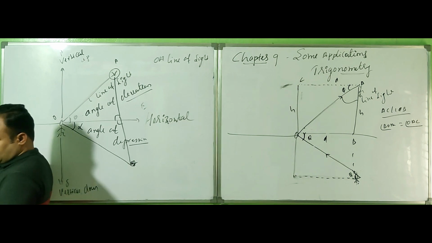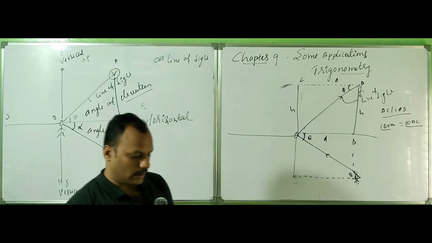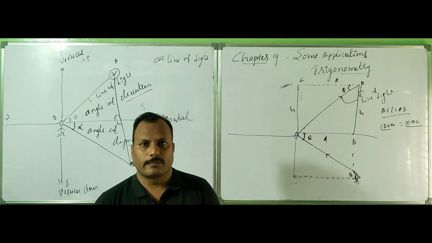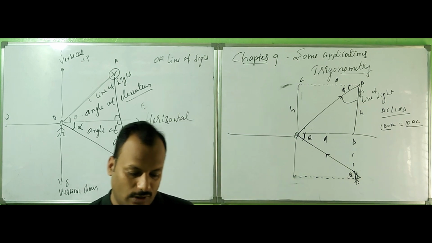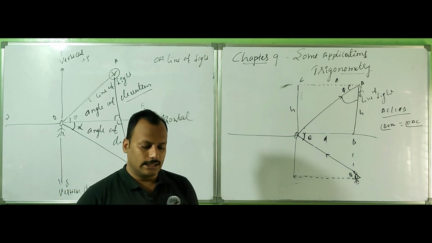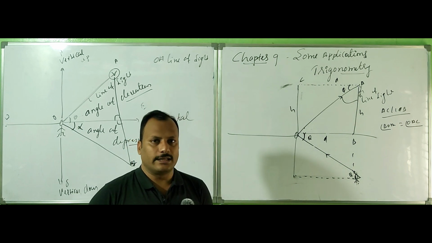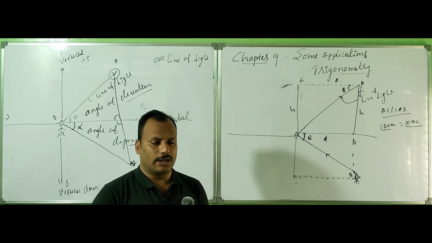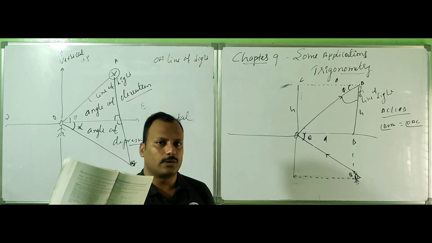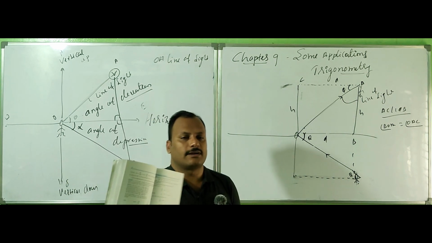One thing here: the lengthy words, I could not write them on the board. It is not possible to write these words on the board, so first I will read the question. I request everyone who is watching to please refer to the book.